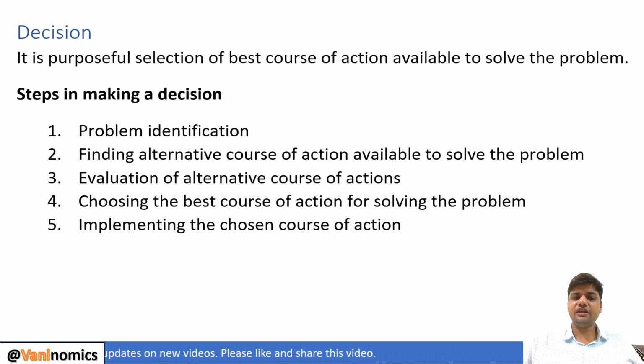You are voluntarily making an effort to solve the problem, and in order to solve the problem, the first thing has to be what is the problem that you are going to solve. So it is always said that a problem well stated is half solved.